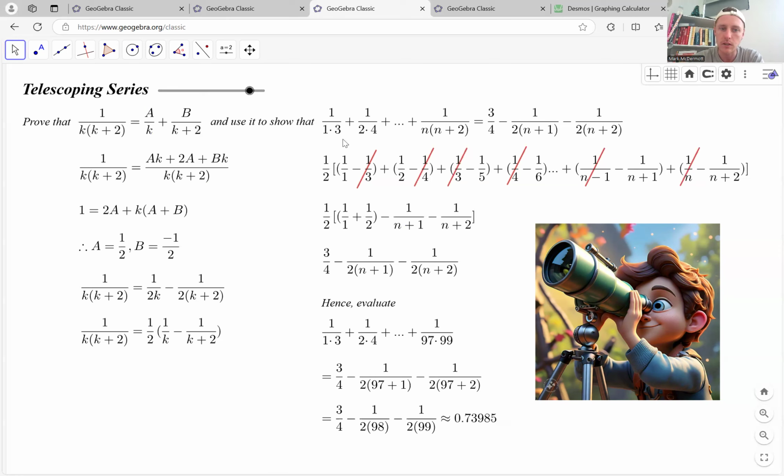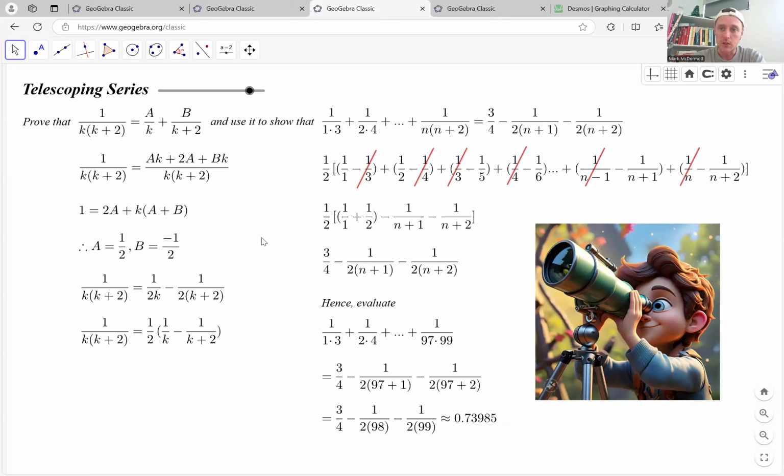That's a proposition about a natural number k, right? So 1 on 1 times 3 could be expressed in this way because it is of this format, 1 on k multiplied by k plus 2. 3 is 1 plus 2. So you can see the similarity here. Obviously, this is a specific case of this general instance, right?